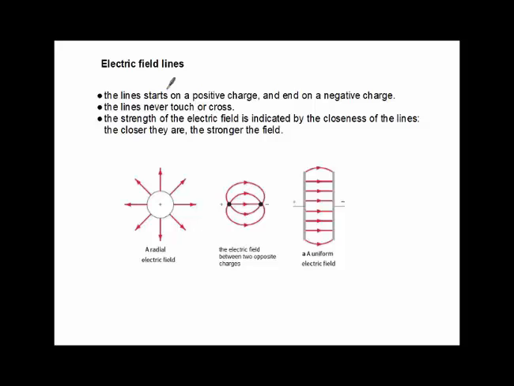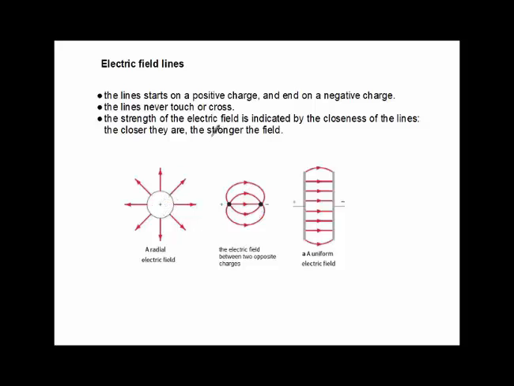They have many characteristics. The line starts on a positive charge and ends on a negative charge. You see here, you have a positive charge and a negative charge. The line goes from the positive to the negative.